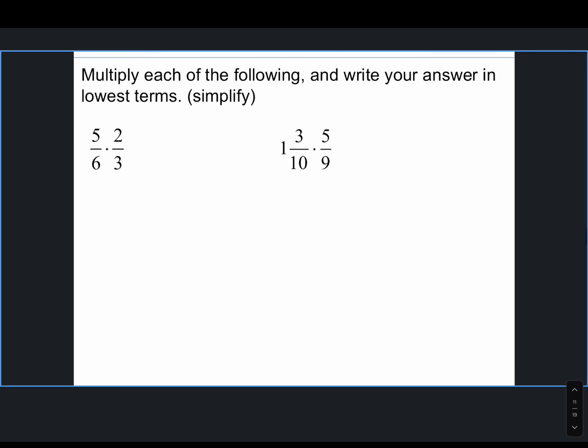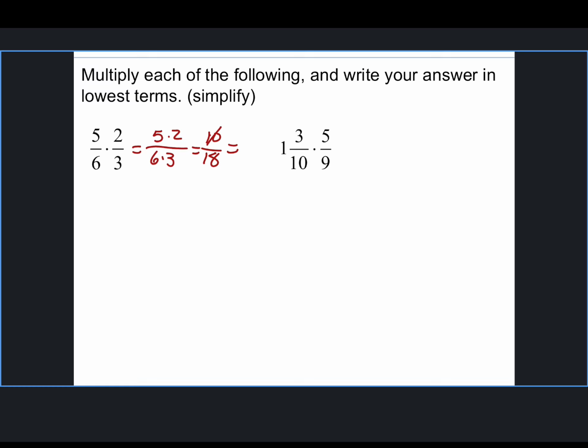Okay. Can you do 5/6 times 2/3? How does that work? 5 times 2, 6 times 3. That gives us 10 over 18. Now that will simplify, right? Right. We can divide both by 2.